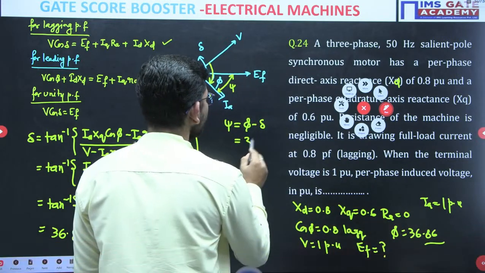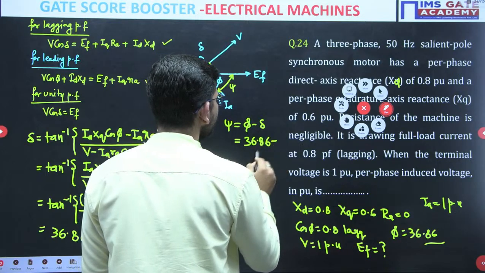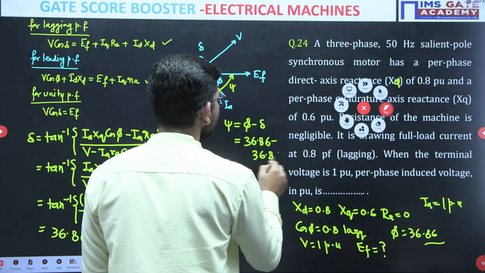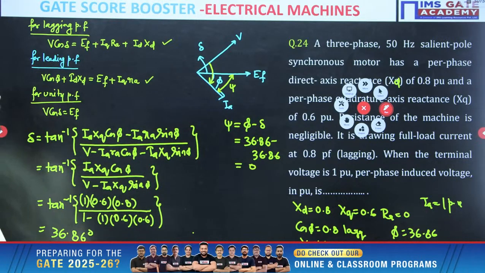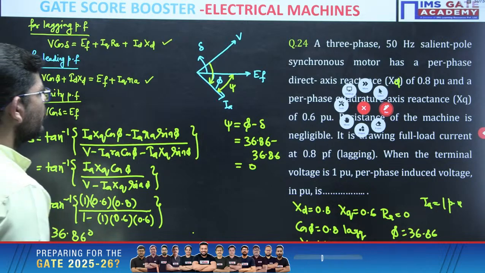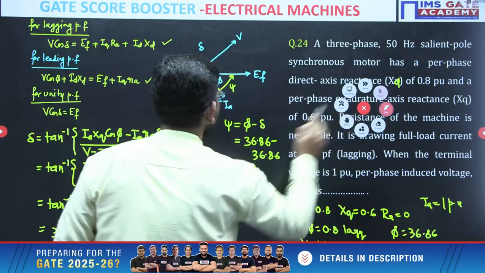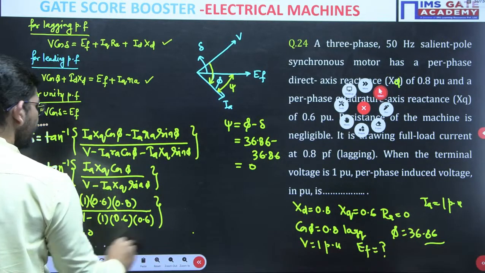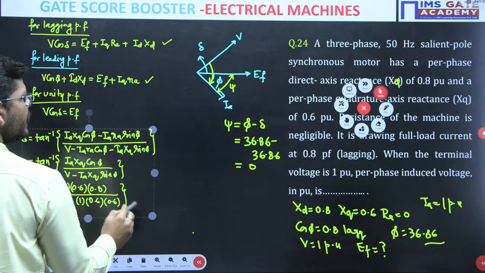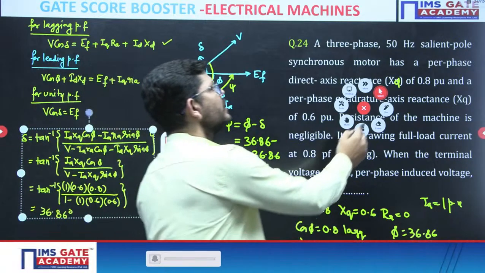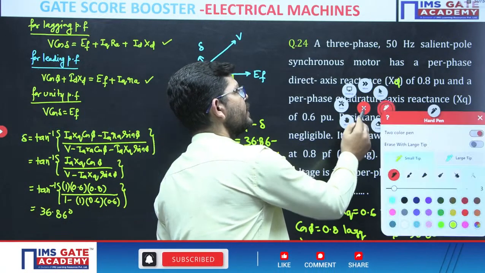So 36.86 minus del, which is also 36.86, so you will get psi value equal to 0. Got it? This is how you will calculate psi. So Medha, you were saying psi will be phi minus del. This is here in motor for lagging power factor.